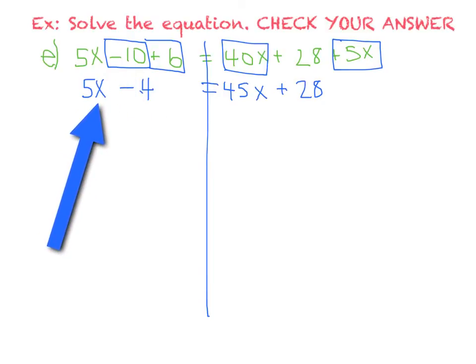The minus does not go with the 5x. I know we don't see it there, but there's a positive. This is positive 5x. So, since this is positive 5x, we need to do the opposite of what's positive, and that is to subtract. So we're going to go minus 5x.